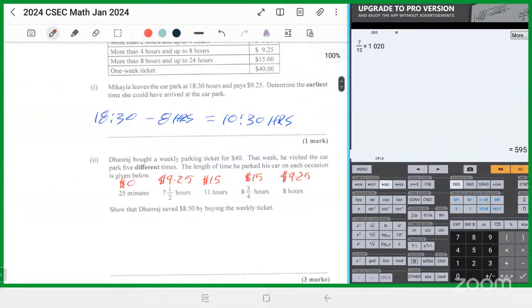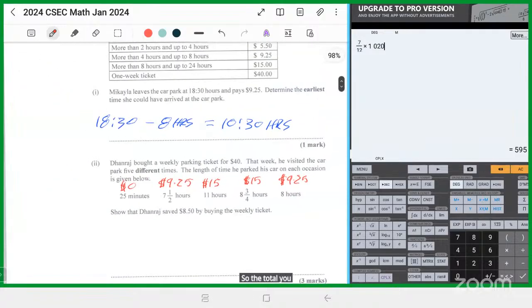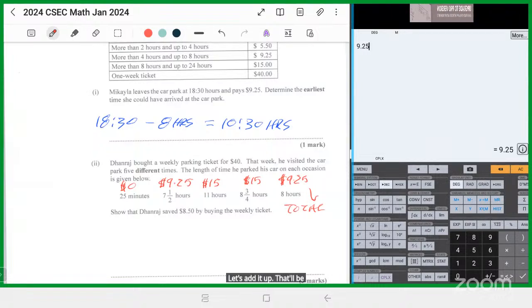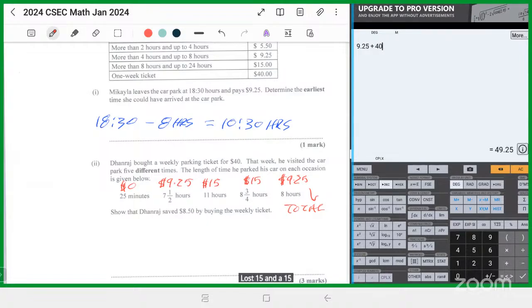So the total you would have paid here, let's add it up. It would have been 9.25 plus 15, and the other 15 is 30. 30 plus another 9.25. So it would have been $48.50.